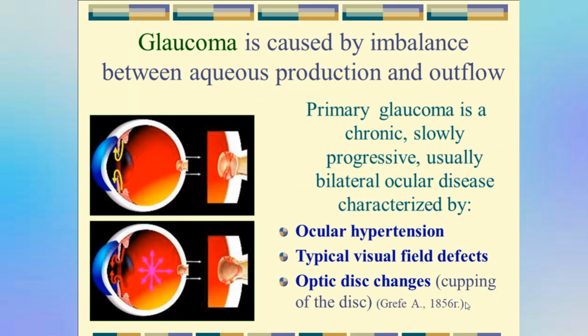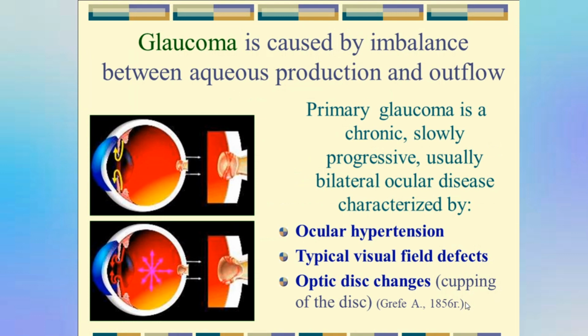And pay attention that these three signs were found by Graefe in 1856. But even nowadays, all these three signs are correct. So you can see how great a scientist Graefe was.